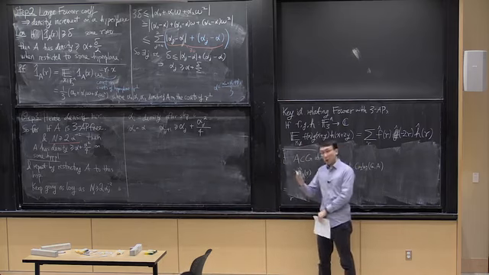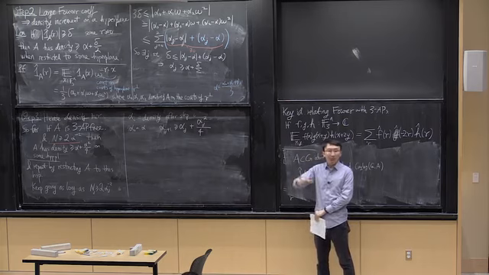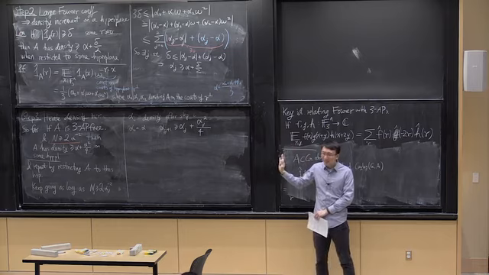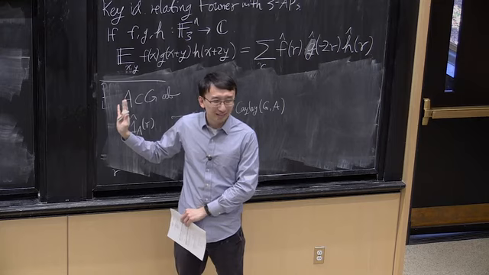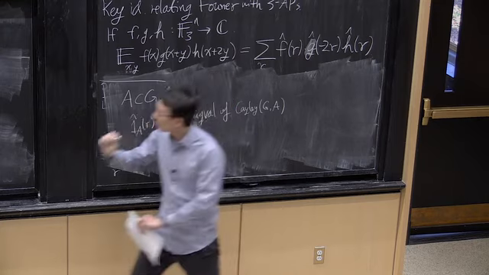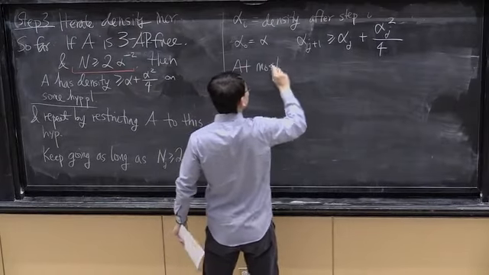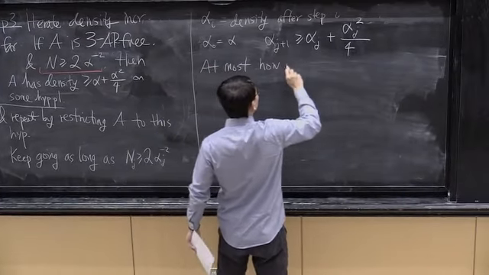And you want to know, if you start with alpha, how many steps at most can you take before you blow past 1? So can you give me some bound? So at most, how many steps?